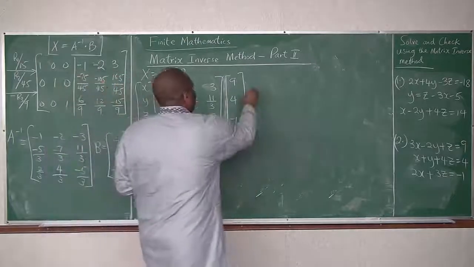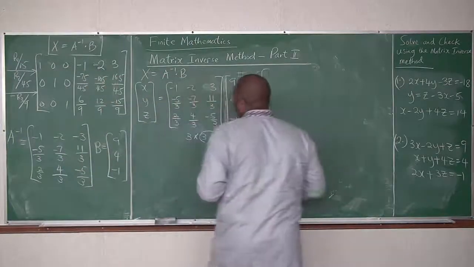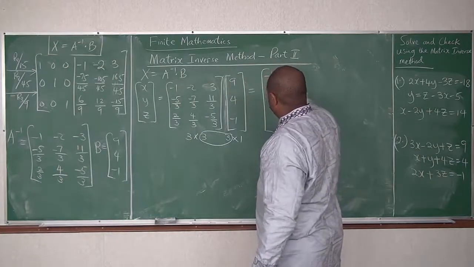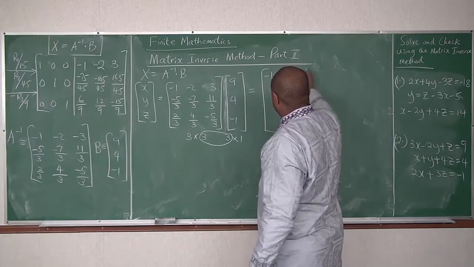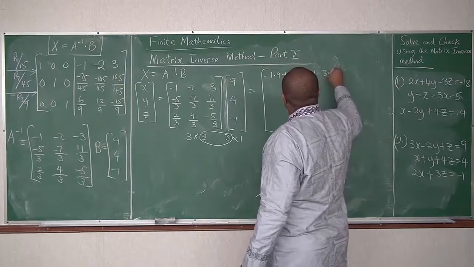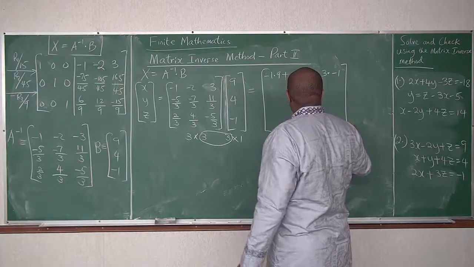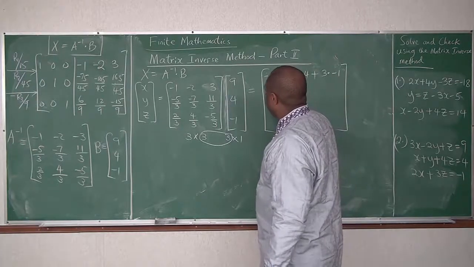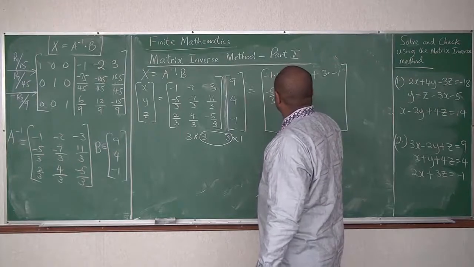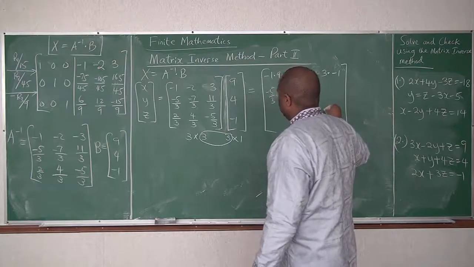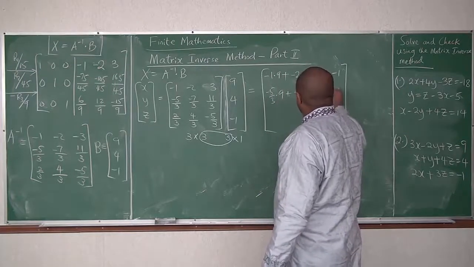Now let's multiply this. When we do that, this will be negative 1 times 9 plus negative 2 times 4 plus 3 times negative 1. Then we have negative 5 over 3 times 9 plus negative 7 over 3 times 4 plus 11 over 3 times negative 1.